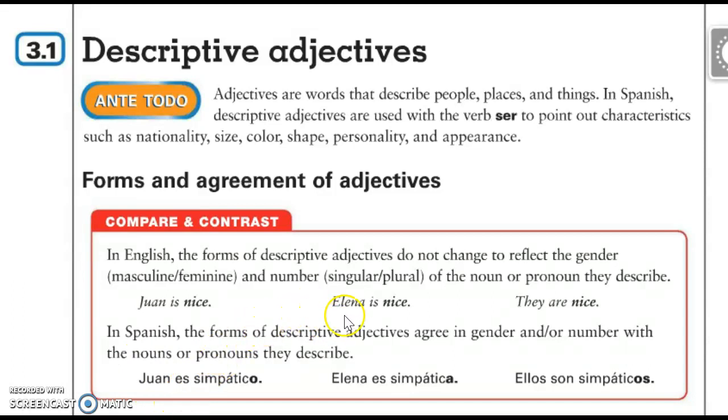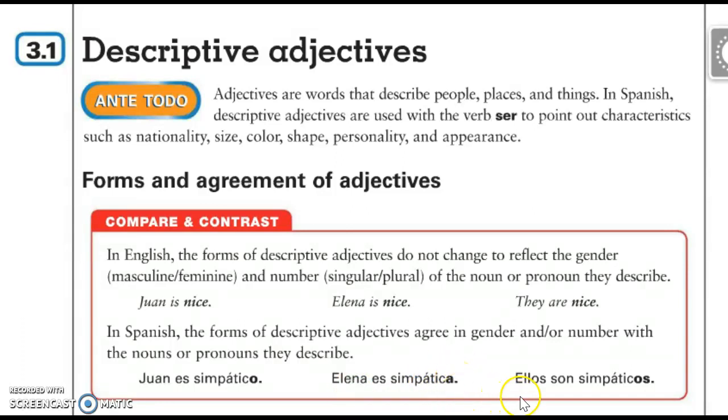Then we're going to keep it in the third person singular and move on to speak about Elena, and we want to express that she is nice. So we say, Elena es simpática. Okay? Because it's Elena, we make the ending an A.